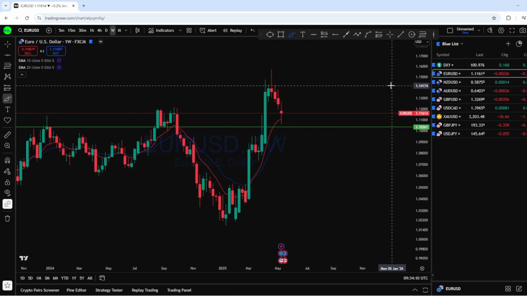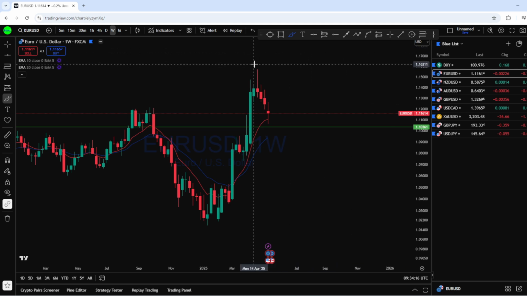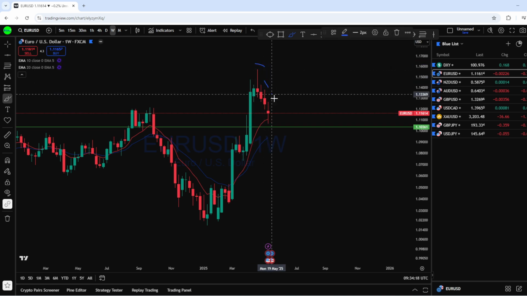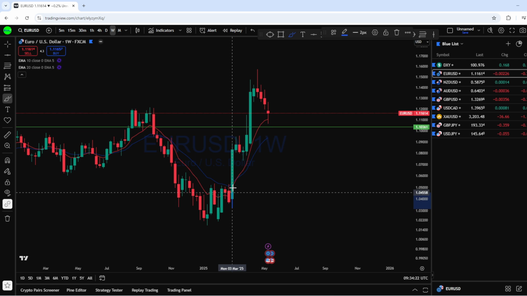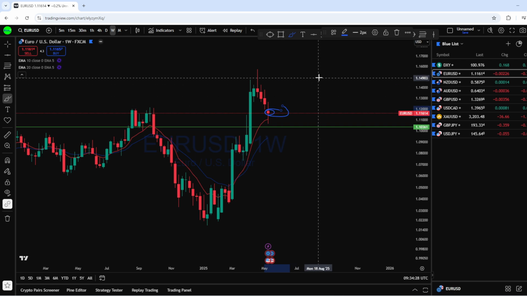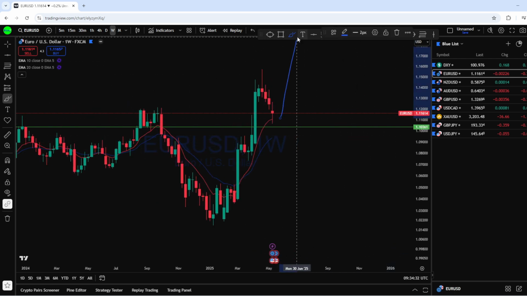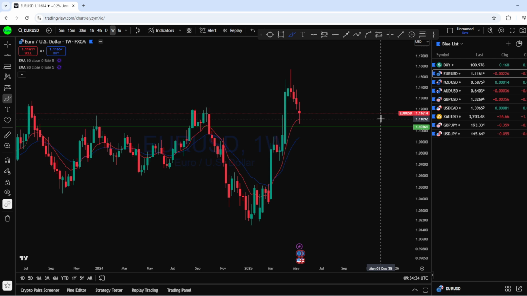Now if we look at the weekly here, we can see a clearer picture of how the market might do this week, starting with this pin bar. Every week the market was forming a series of lower highs, and it is an impulse correction market where the traders might think of it as a pullback, which in fact could be a pullback to create another impulse, as we mentioned earlier.